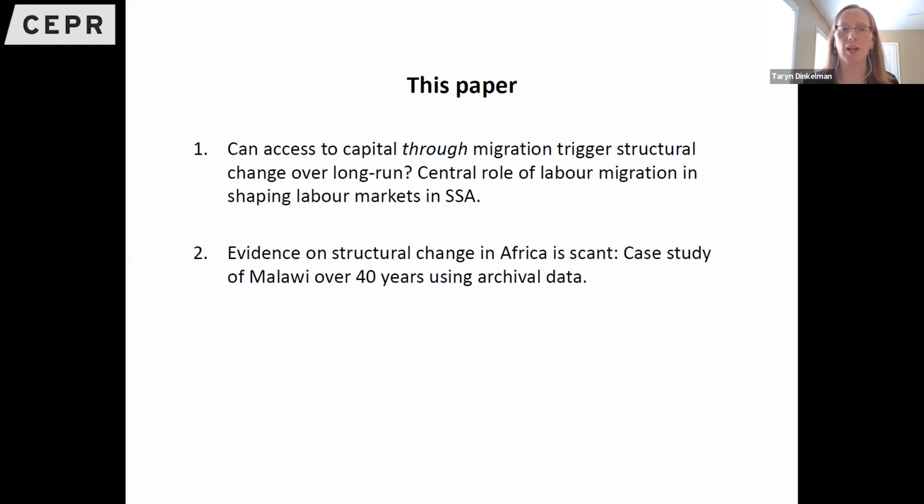Our paper is going to try to present some evidence on structural change in this particular labor market, a place where data are pretty scant. And so we're going to put together a lot of different data from archival searches, digitizing old census data and agricultural census reports to try and piece together what happens over a period of about 40 years in the wake of this international labor migration shock.